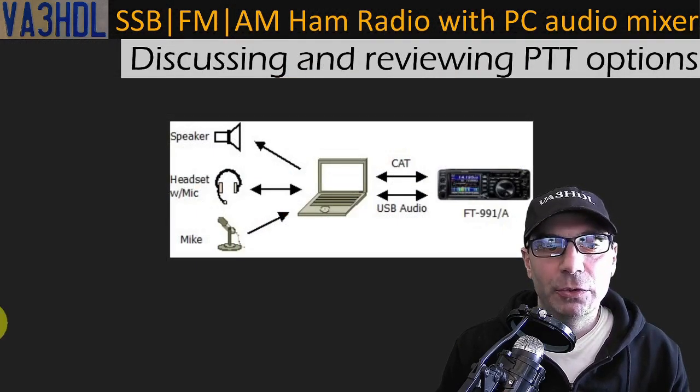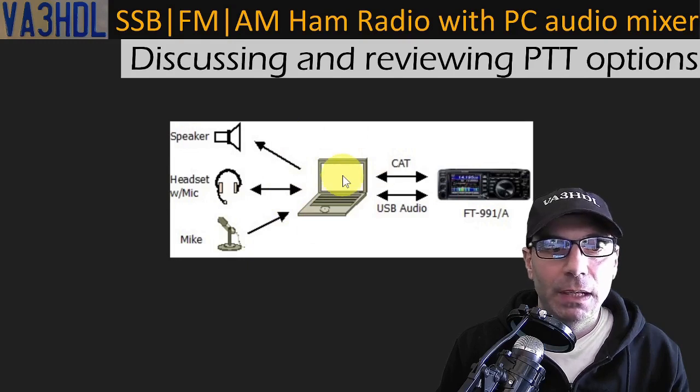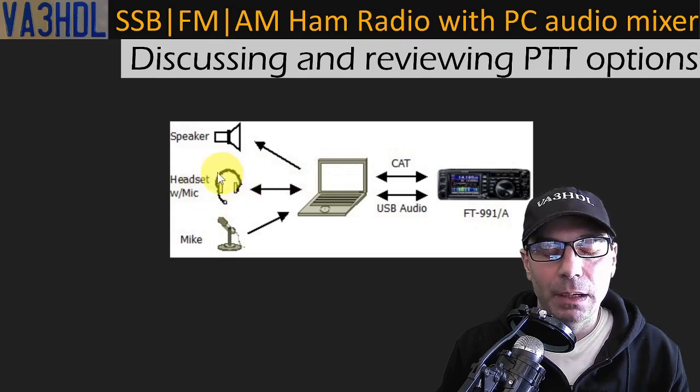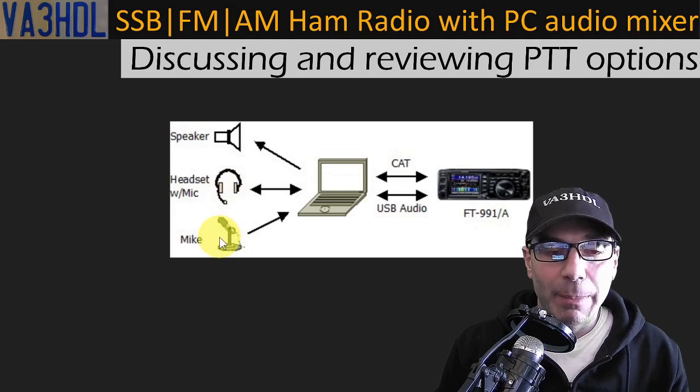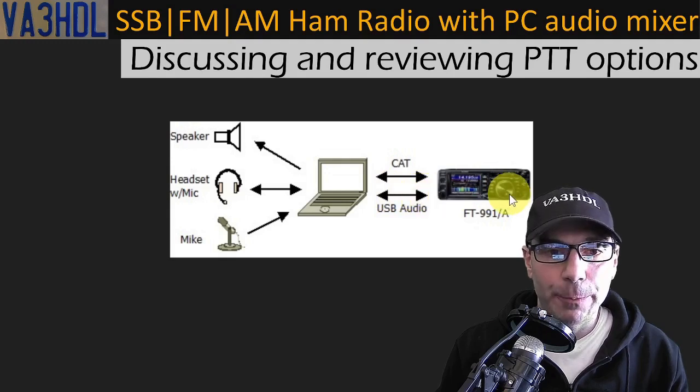So before we jump into the last part of the video, this is what we achieved so far. We have our computer that is running Voicemeeter, and in our computer we can use the speaker connected to the computer to listen to the radio audio, or we can listen through the headset, and we can use the microphone of the headset or an external microphone like this one to send audio via USB to the radio.